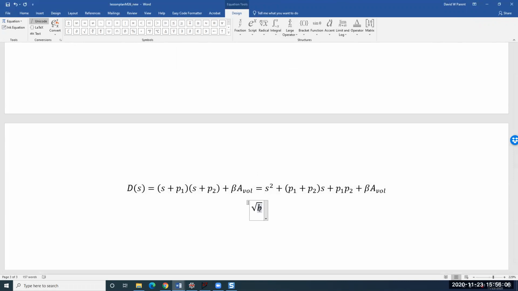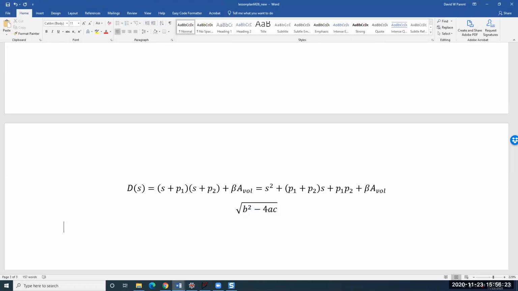Because we're just asking, is it over, under, critically damped? So we just need to know the number of poles. Right?